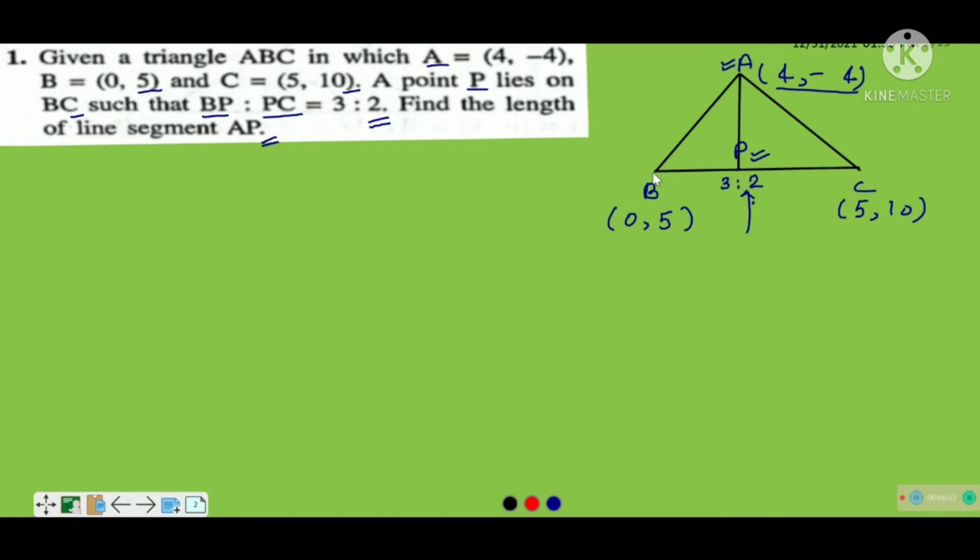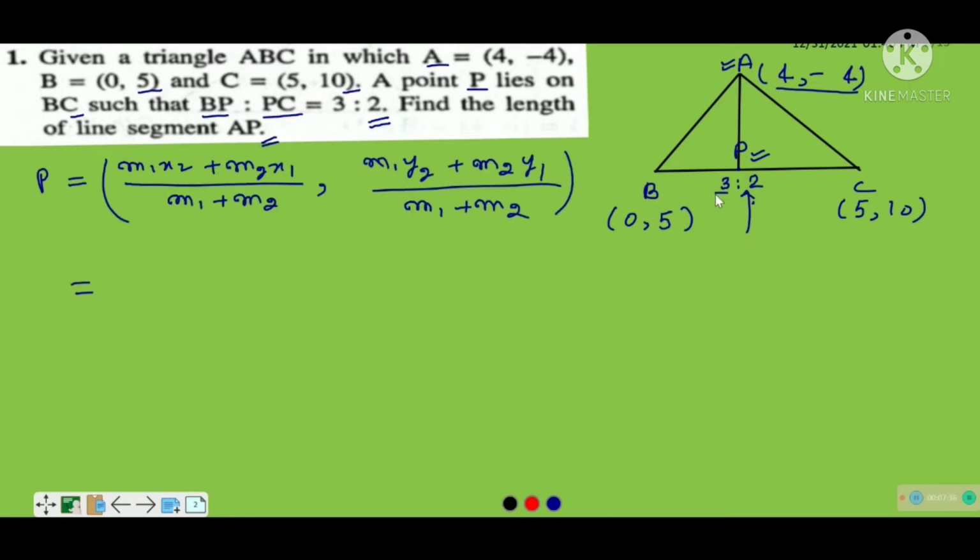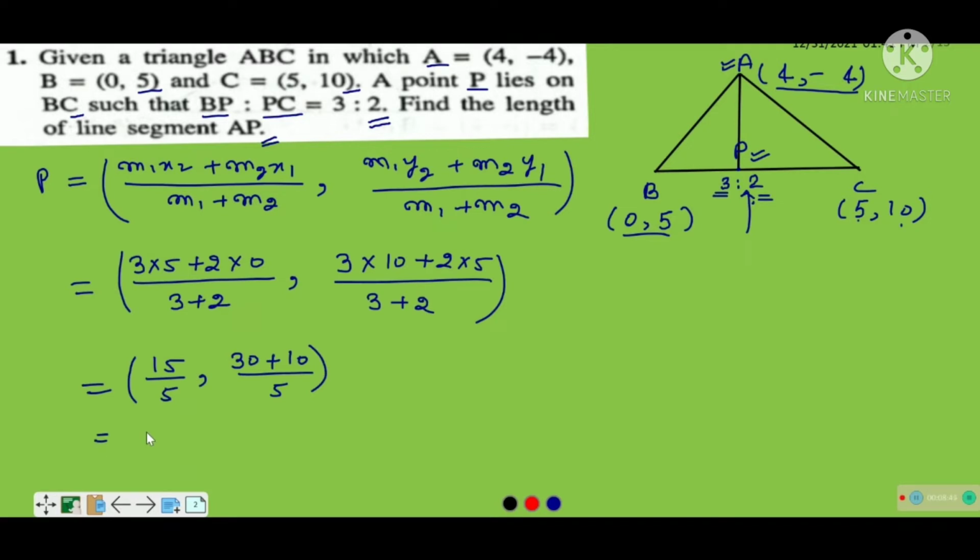P is a point which divides the line BC in the ratio 3:2, then by section formula coordinates of P, m1 is 3 and m2 is 2. This is x1 y1, x1 is 0, y1 is 5, x2 is 5 and y2 is 10. Coordinates of P are 3, 8.